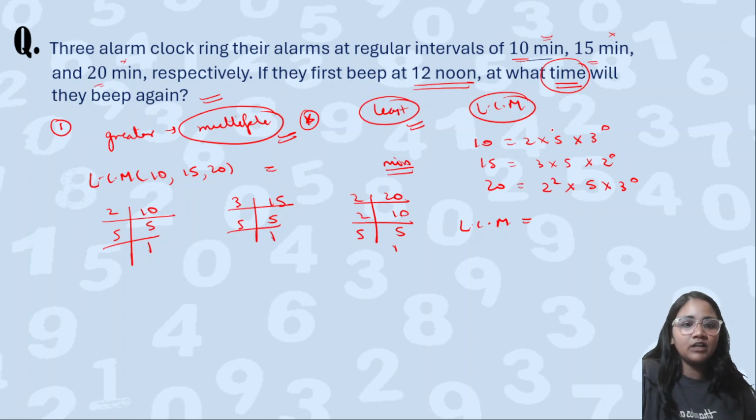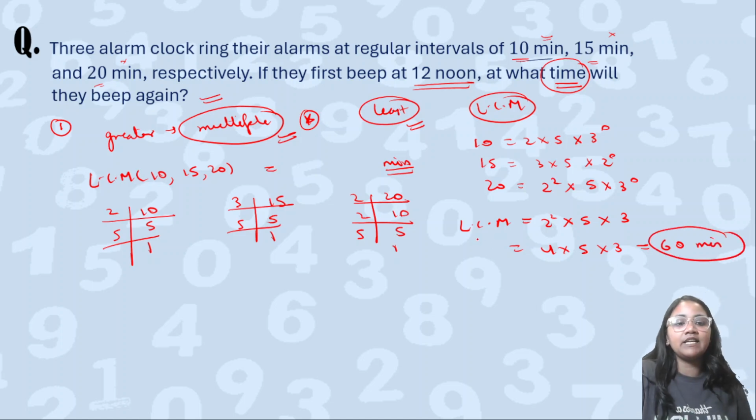So the LCM here will be 2 to the power 2 into 5 into 3. So 4 into 5 into 3, 20 times 3 is 60 minutes. So we have got 60 minutes as our LCM.